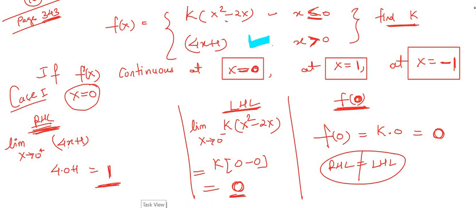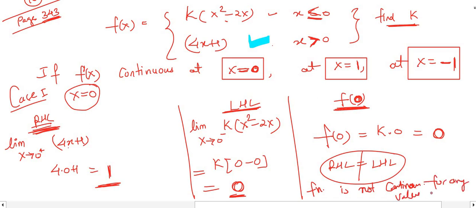So we can write down: function is not continuous for any value of k, meaning it does not matter what k is, the function will remain discontinuous, correct? Because it does not depend on the value of k.